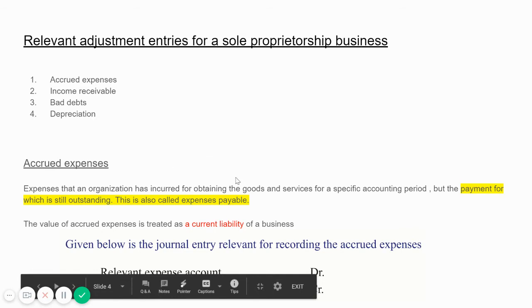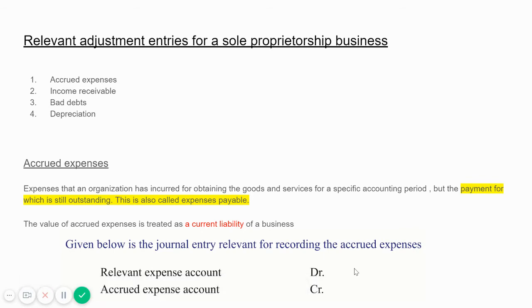Now that is the introductory part of this accrued expenses. Actually here we are trying to give you a picture of these accrued expenses. Now next part we'll see how we are going to account for these accrued expenses.